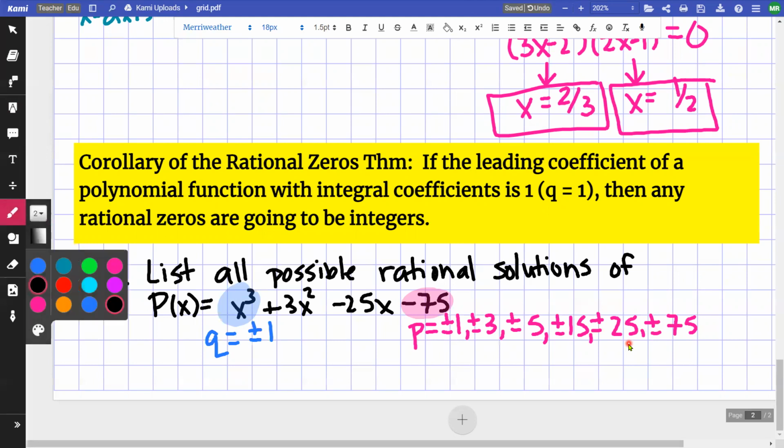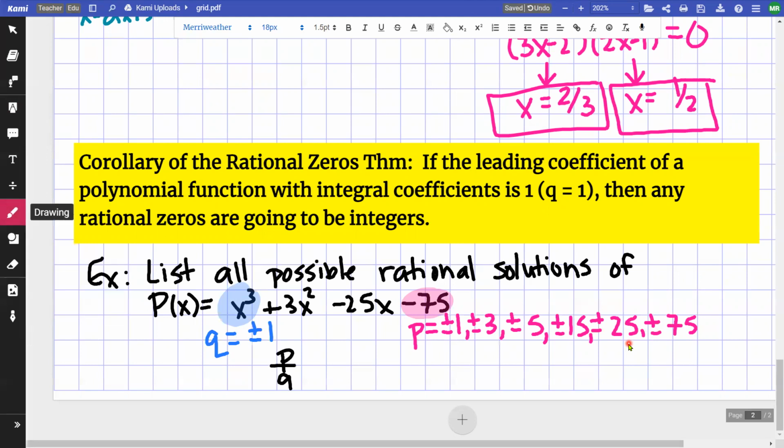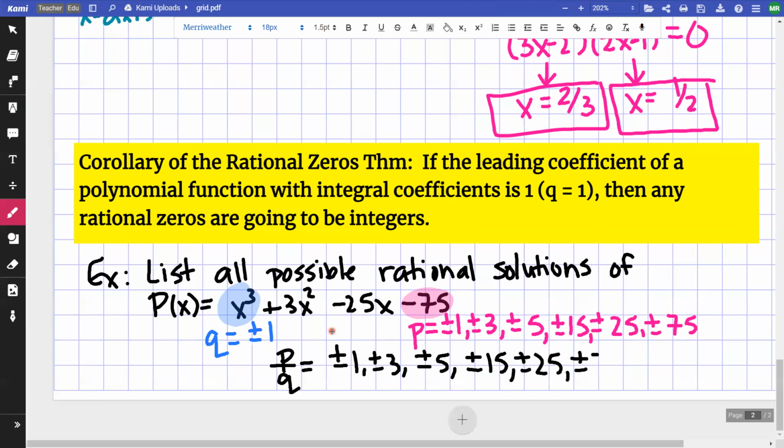So when I do my P over Q, I'm putting all of these over 1. So I really just get my P, my plus or minus 1, plus or minus 3, plus or minus 5, plus or minus 15, plus or minus 25, plus or minus 75. I get no fractions. And then I would try those.